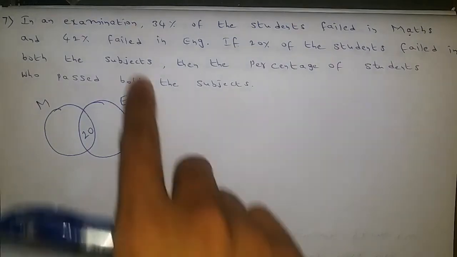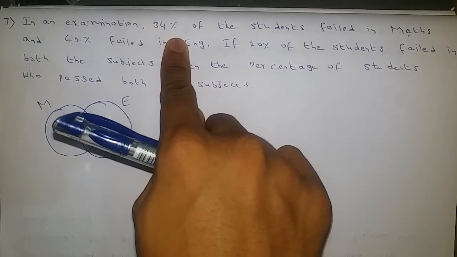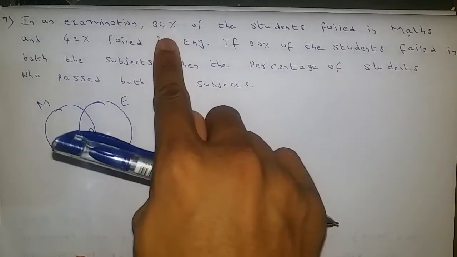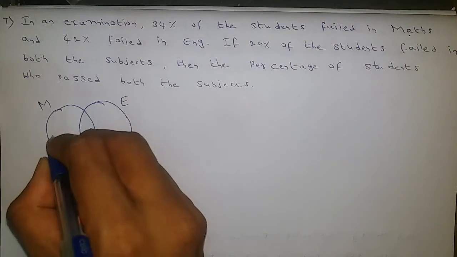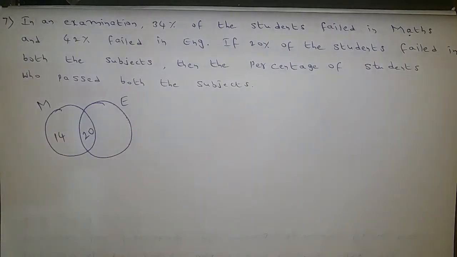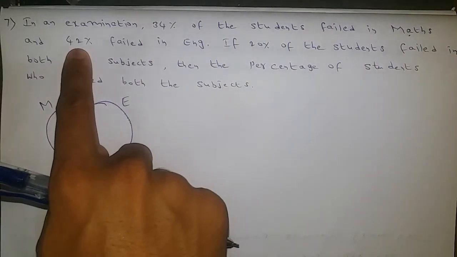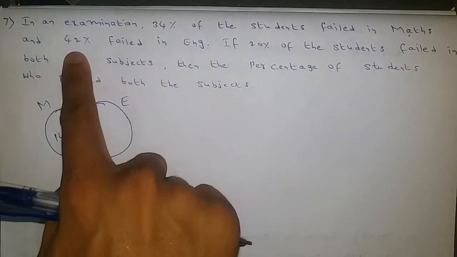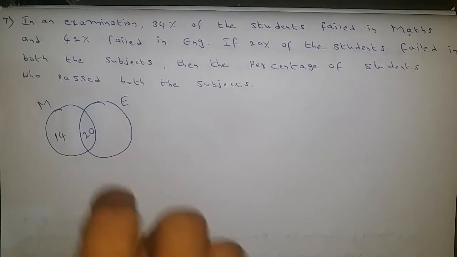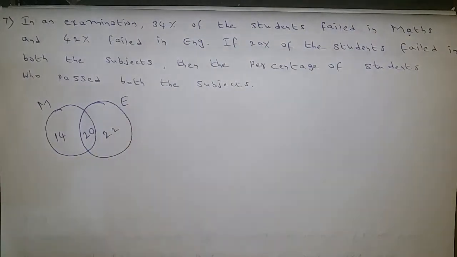Next, 34% failed in maths. From that 34%, already 20% is completed, so we remain with 14%. 42% failed in English. From this 42%, already 20% is completed, so we remain with 22%.